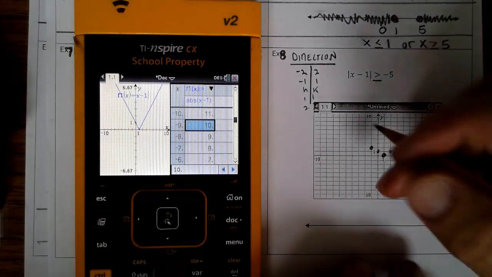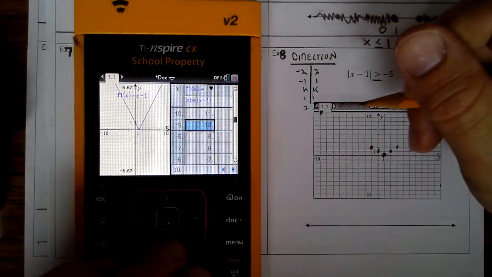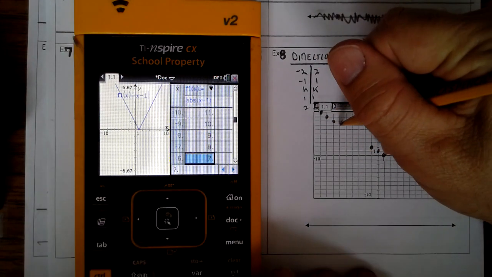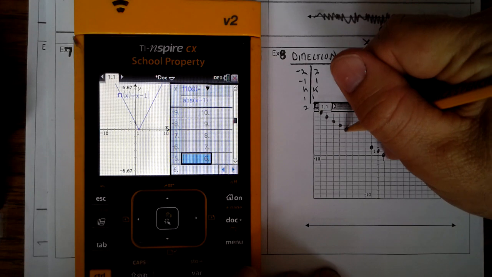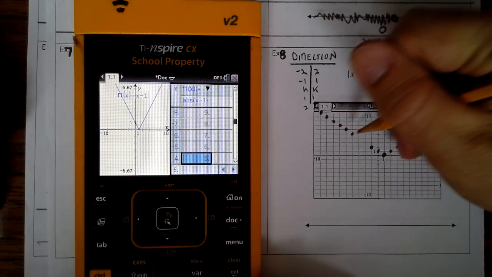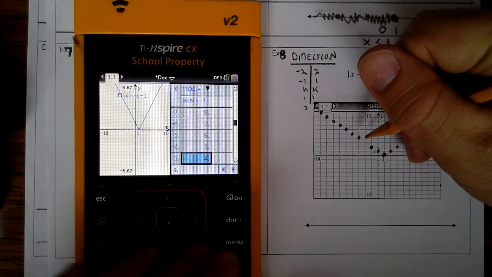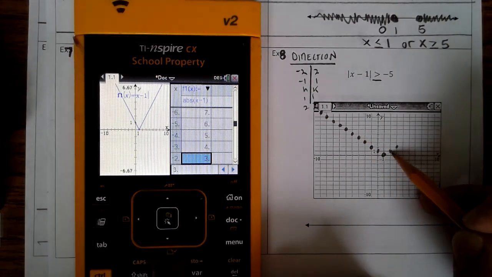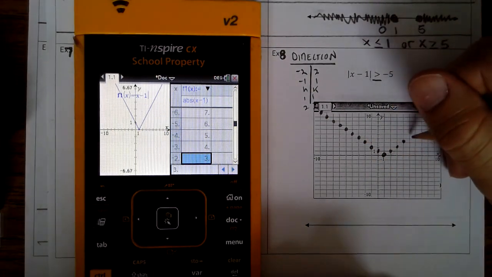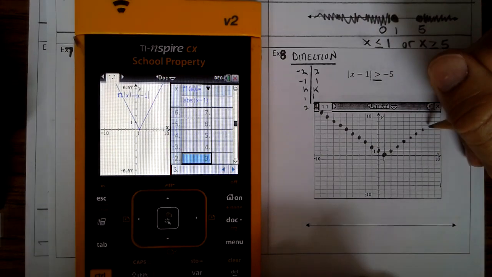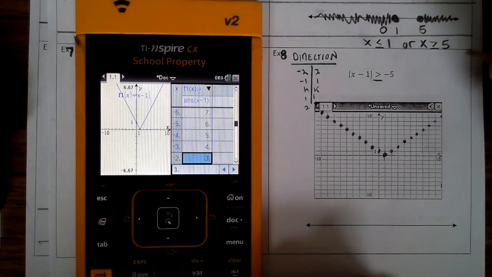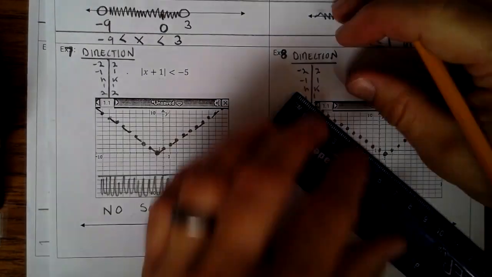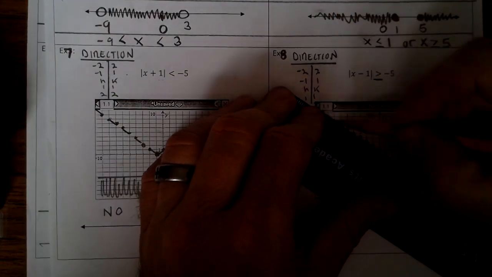Can't graph that, but we can graph -9, 10, -8, 9, -7, 8, -6, 7, -5, 6, -4, 5, -3, 4, -2, 3. We have those points, and then you can see this shape is already here. And since there's a line underneath, we know it's a solid line.